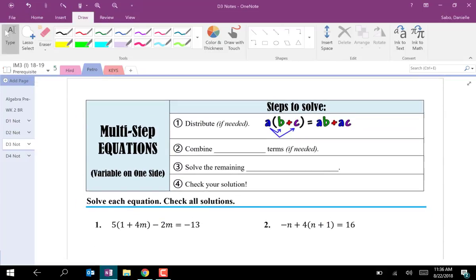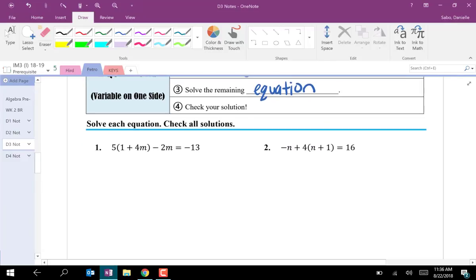Okay, so multi-step equations, when there's a variable on one side, that means there's a letter on just one side. You're always going to combine your like, sorry, it's supposed to be an L, like terms, and then you're just going to solve the remaining equation. So you have to check both sides first and say, is there anything I can combine or simplify in some way? And then you're going to start solving that equation.